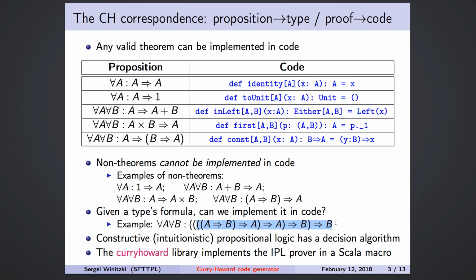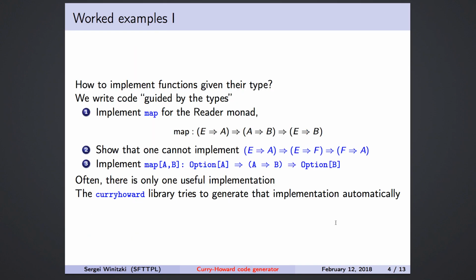And if not, then it shows you why you cannot prove it. It's not just that you couldn't manage to prove it, but you actually know that it's impossible. So it's a real complete decision procedure. The byproduct of this decision procedure is that you have proof for the formula that can be translated into code for your function. And I will show how that works. But first, let us have a little practice maybe implementing code from types.